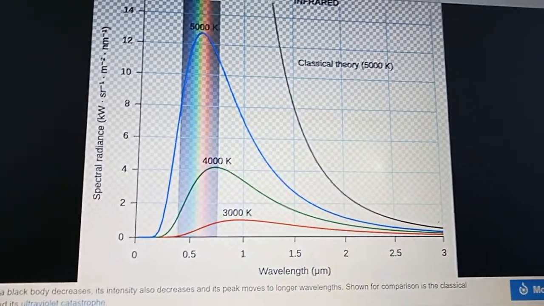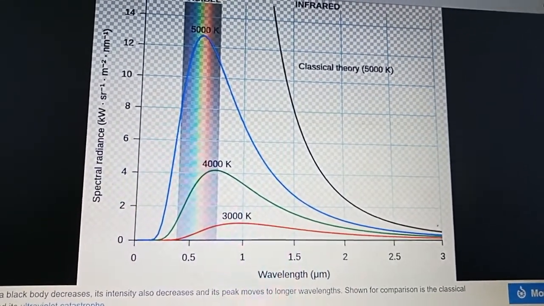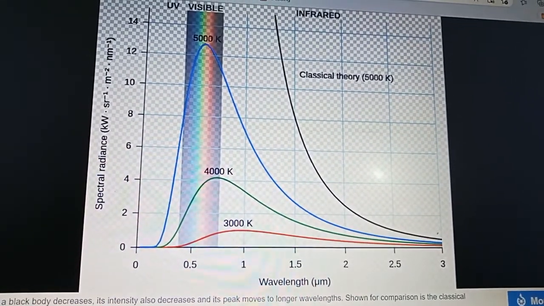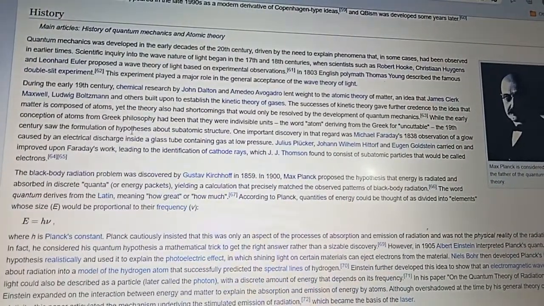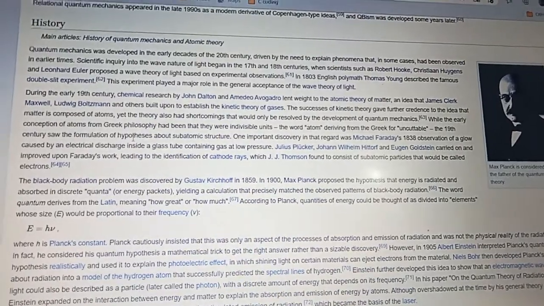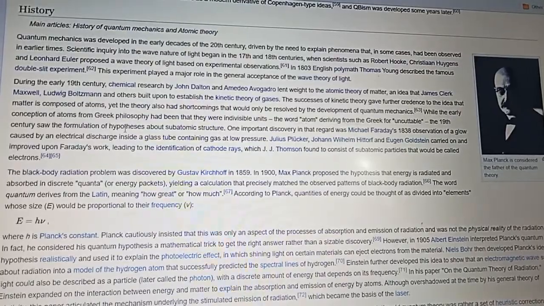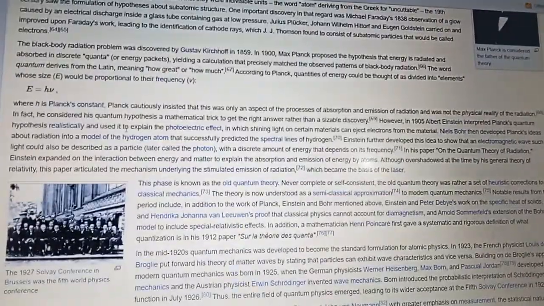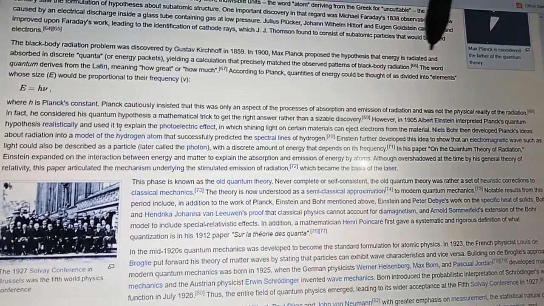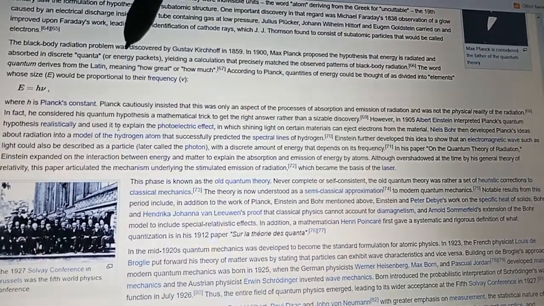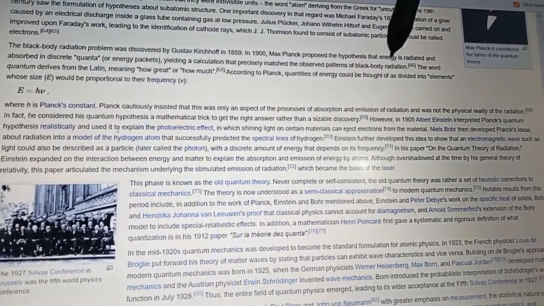So here the classical theory fails, and Max Planck used the concept of quanta, or quantum of energy, to explain this. That is why Max Planck is called the father of quantum theory. Max Planck proposed the hypothesis that energy is radiated and absorbed in discrete quanta, yielding a calculation that precisely matched the observed pattern of blackbody radiation.